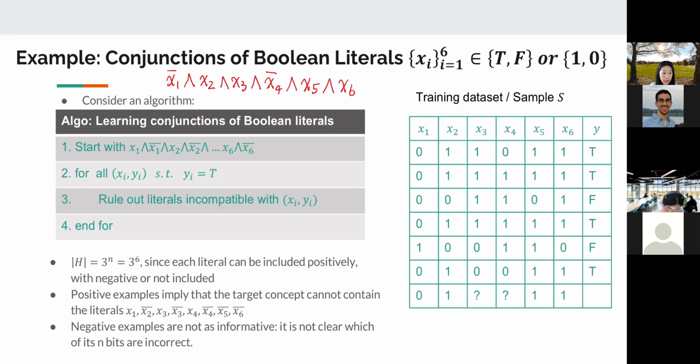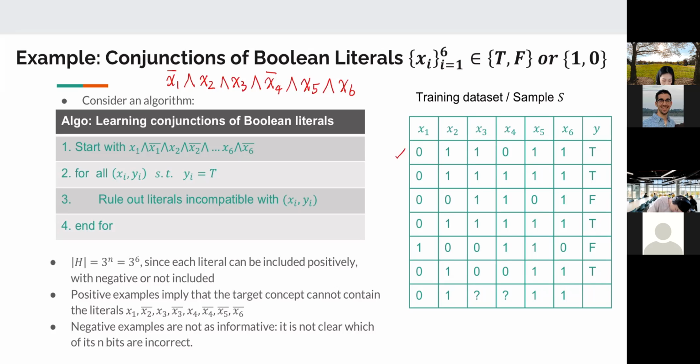We're only looking at the first row right now. After that, we're getting this expression. This is what our algorithm is doing: essentially ruling out literals incompatible with xi, yi.